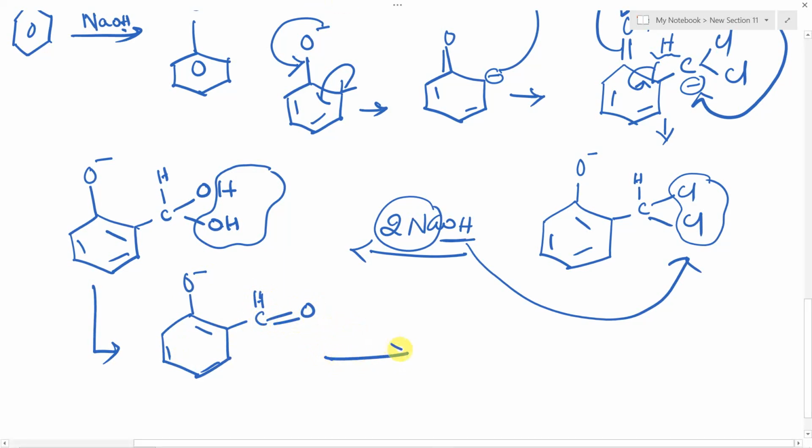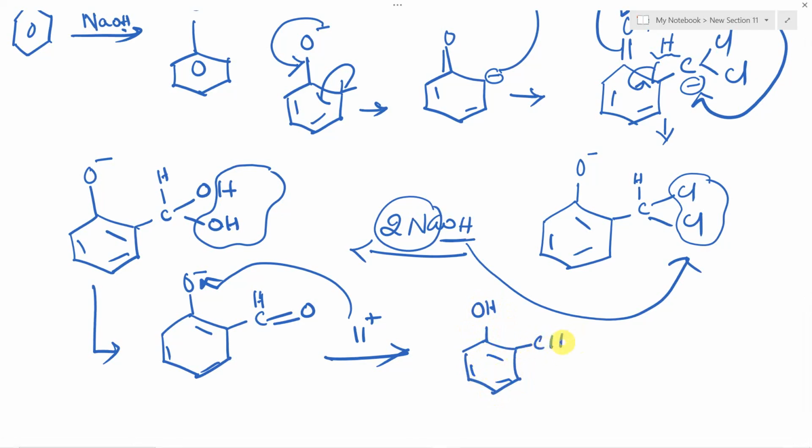That's it. And finally, acidification of this compound. Treated with an acid, it reacts with this O minus, so that we can get the final product as OH, CHO. Salicylaldehyde. So this is called salicylaldehyde.